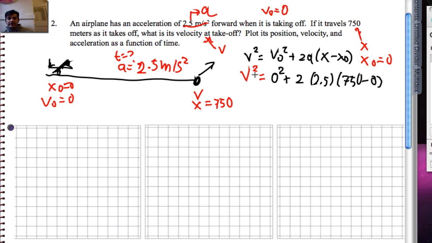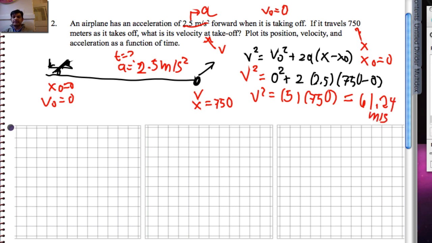When I go ahead and get that, I'm going to get v squared equals 5 times 750, and when I multiply that out and get the square root, the answer I will get will be 61.24 meters per second.